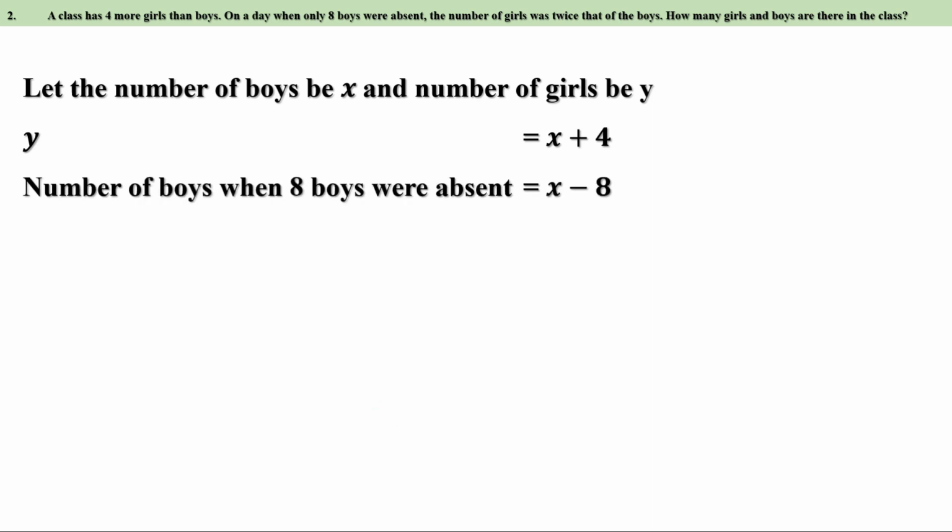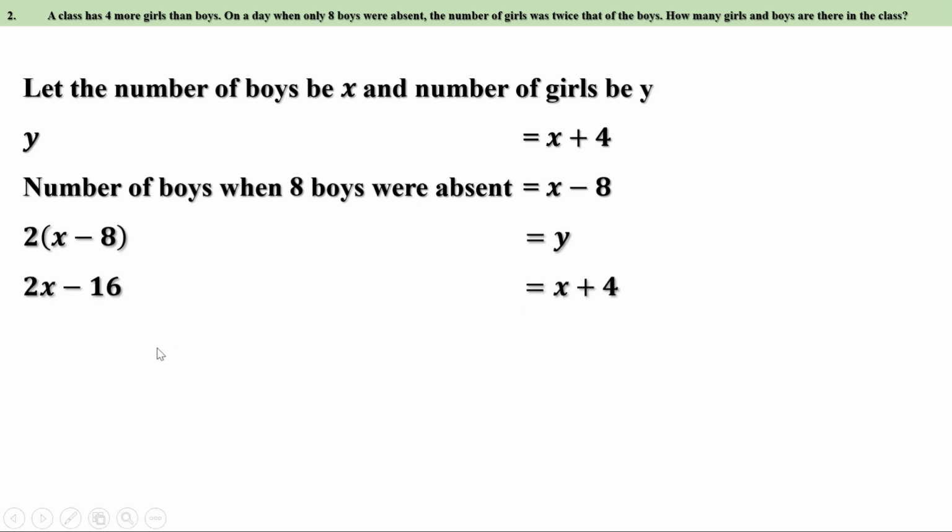And on that day the number of girls is twice the number of boys, or 2 into the number of boys equal to the number of girls, or 2 into x minus 8 equal to y. Now 2 into x minus 8 is 2x minus 16 and y equal to x plus 4. So we can write 2x minus 16 equal to x plus 4.